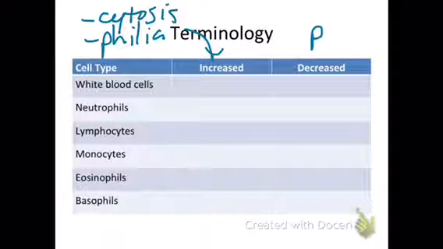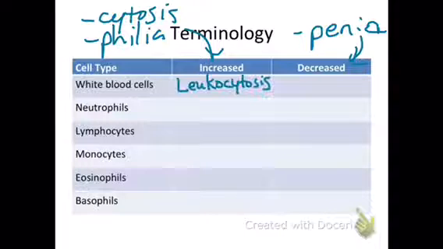And if you see the suffix penia, then that cell type is decreased. So, for example, leukocytosis means an increased cell type, and leukopenia means a decreased cell type.